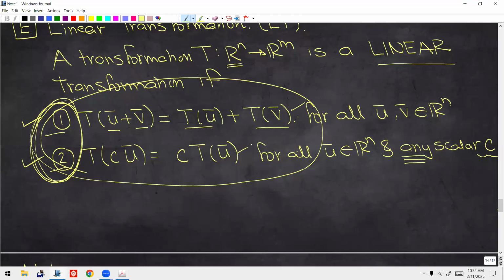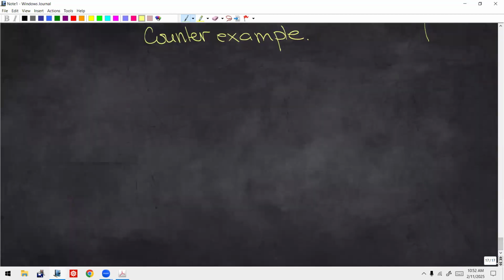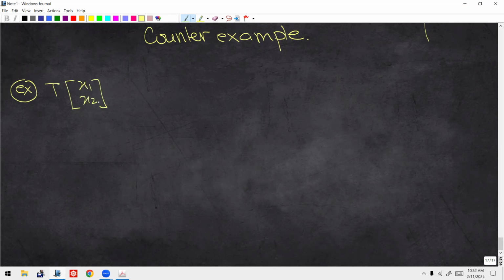All right. So the next few examples are where they've given us a transformation and they've asked us, is this a linear transformation? So we want to check those conditions. Let's start with the first example. They've given us T of x1, x2 is equal to 1 plus x1 minus x2.